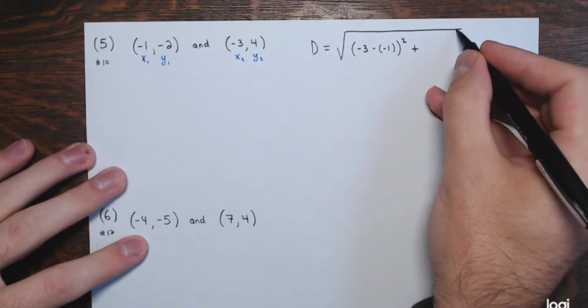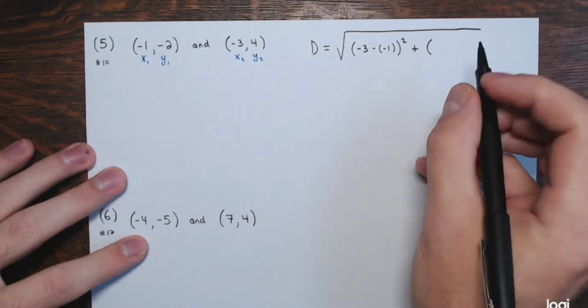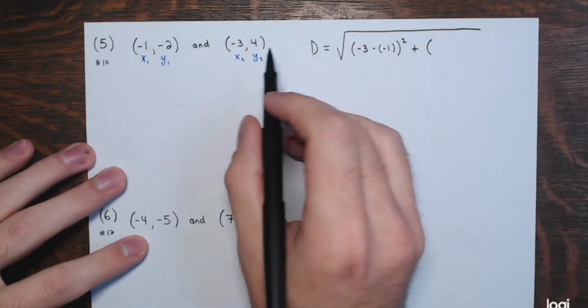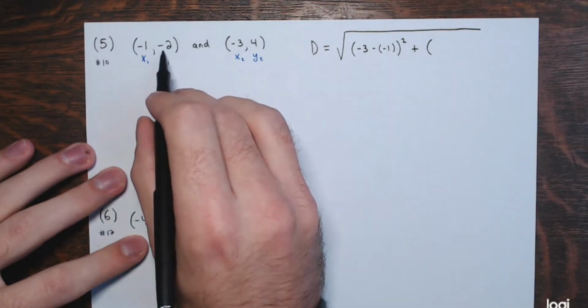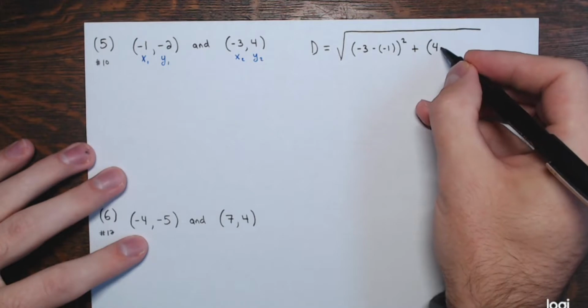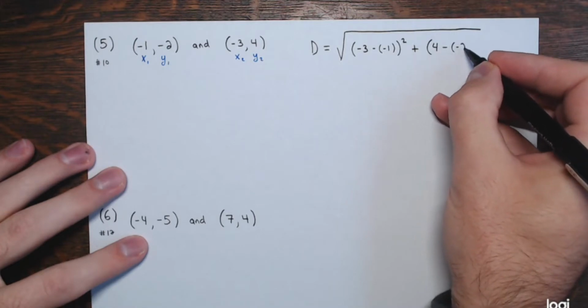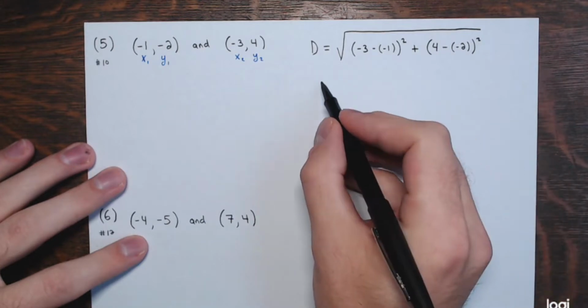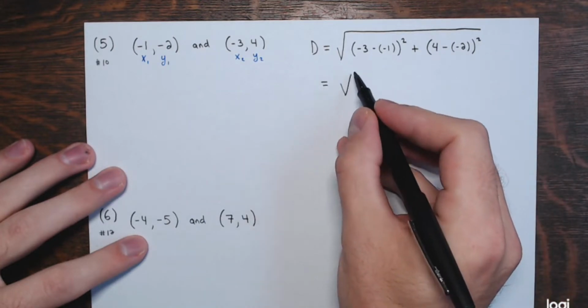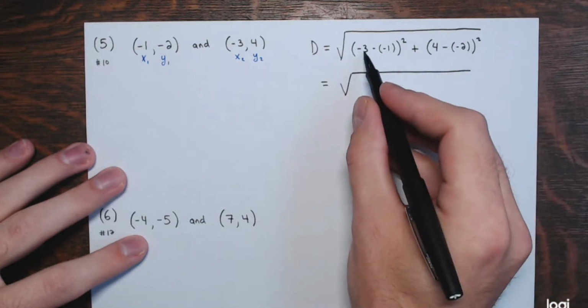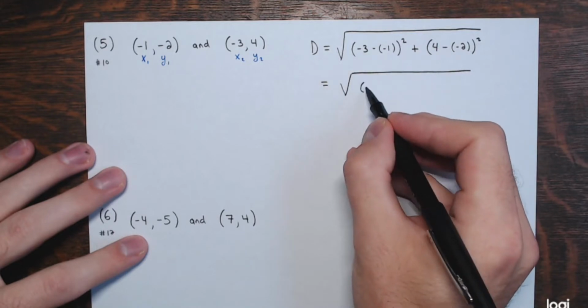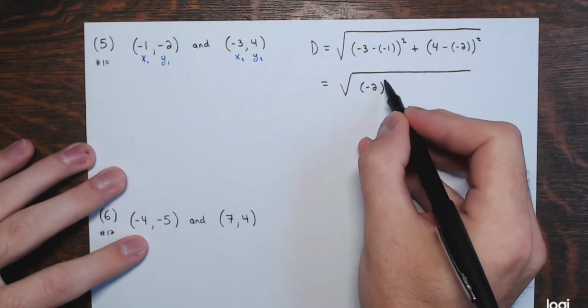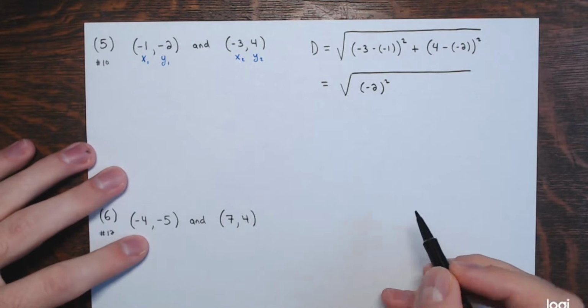Plus, and then the change in the y-coordinates, right, 4 minus -2. So 4 plus 2, that'll be 6 squared. Alright, so this is the square root of -3 plus 1, that's -2, but that's being squared, right? So that'll end up being positive 4.